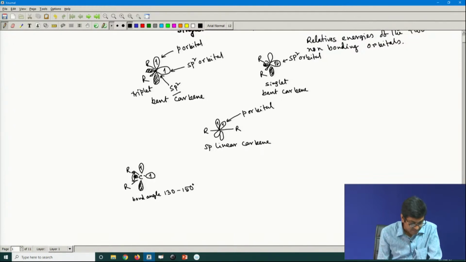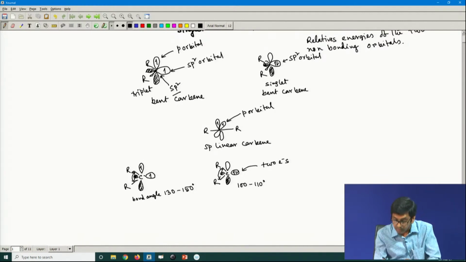As per VSEPR theory, the bond angle should be higher than 109.5 degree, because here only one electron is there, whereas in the case of singlet, the bond angle is rather 100 to 110 degree due to having two electrons.